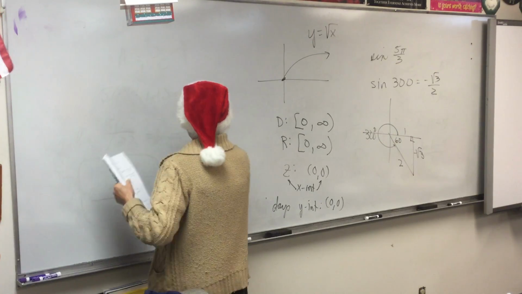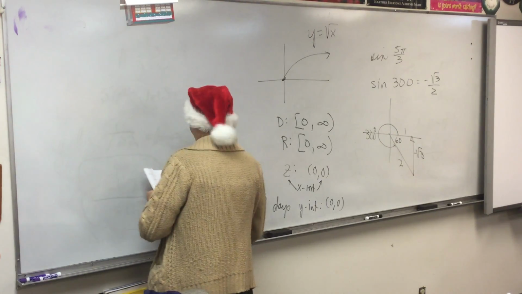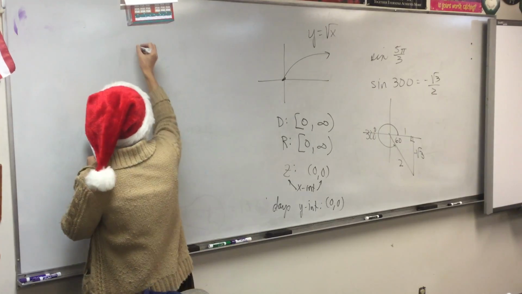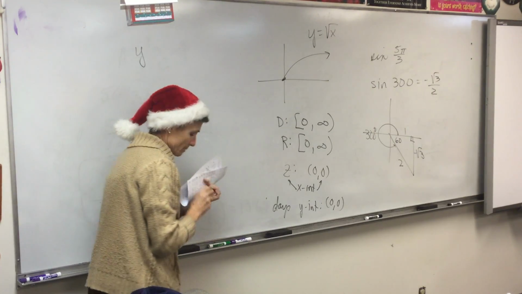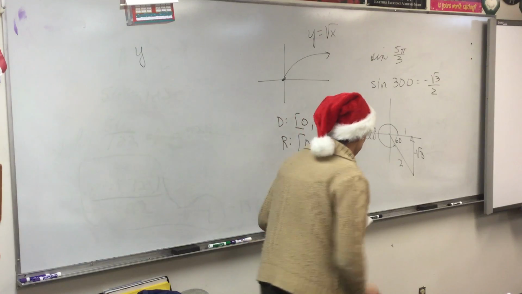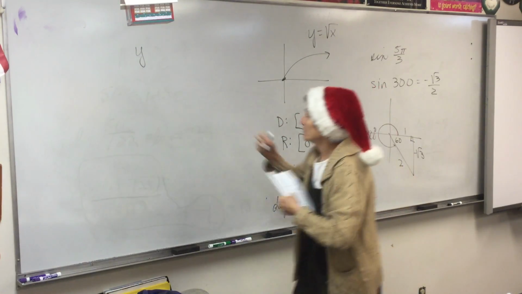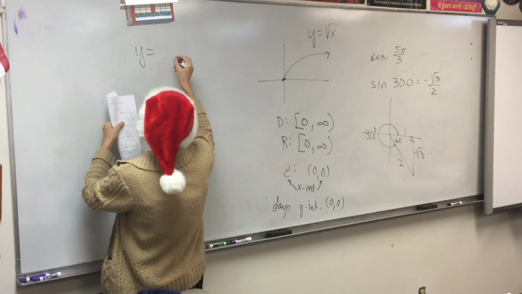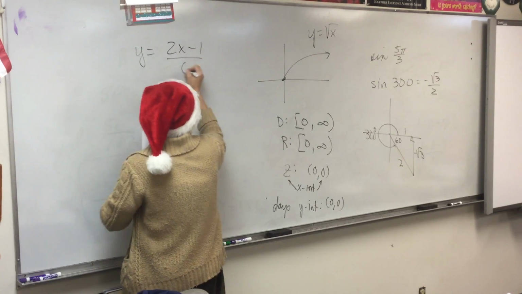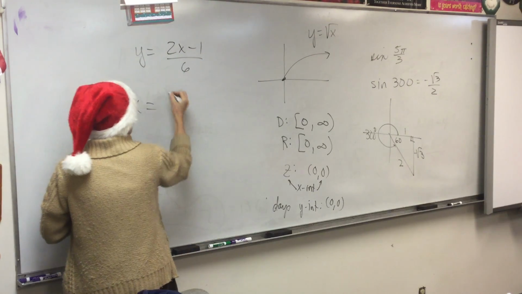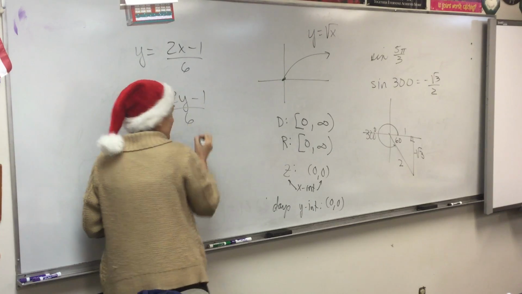I don't even have a y in this problem, so I'll put one in. So y equals 2x minus 1 over 6. Now I'll switch them, so x equals 2y minus 1 over 6.